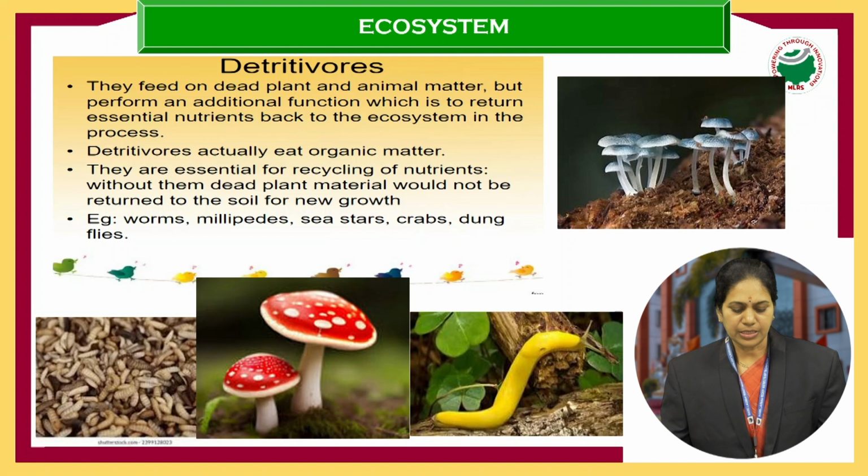They perform an additional function, which is to return essential nutrients back to the soil. The main function is returning essential nutrients by decomposing living organisms, so that the nutrients are back to the soil because of decomposers, or detritivores, also called reducers.